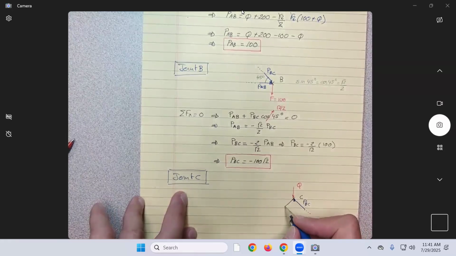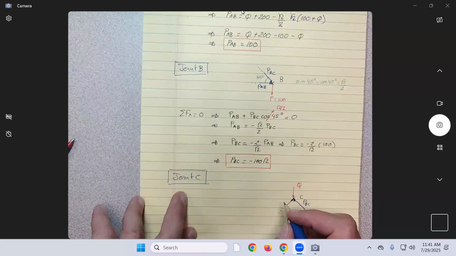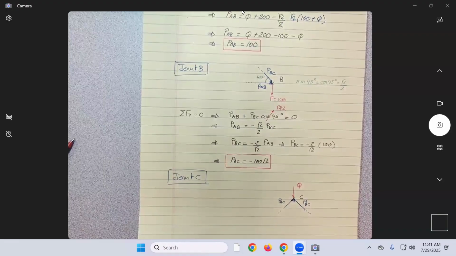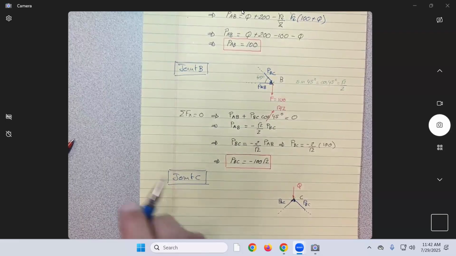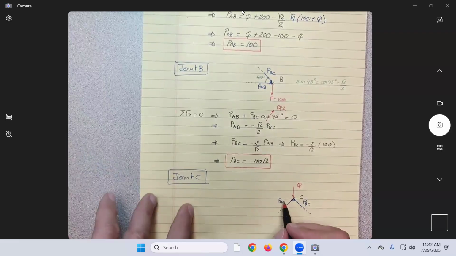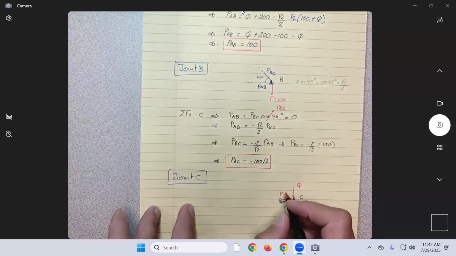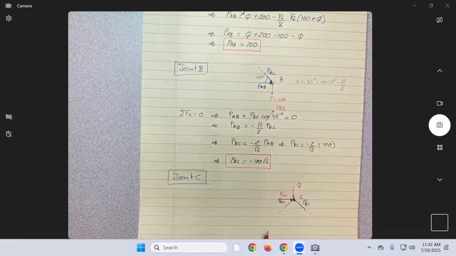We have over here the force PAC that we calculated. Now we have the unknown over here that we know needs to be in tension, PCD, which is the one of the cable.